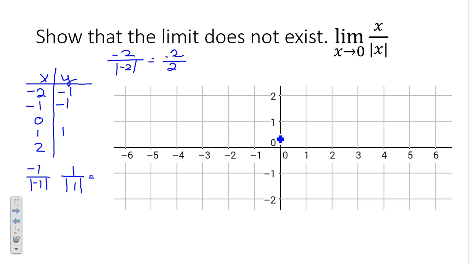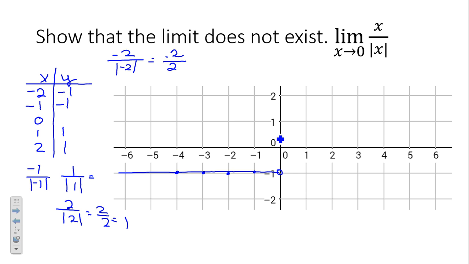And what happens when we plug in 2? 1. Okay? So when we're at -2, we're at -1. When we were at -1, we're at -1. And at -3, we'd be at -1. And at -4, we'd be at -1 if we filled our table out more fully, right? So it looks like this until it gets to 0, right? Can't be that. We're not defined at 0.